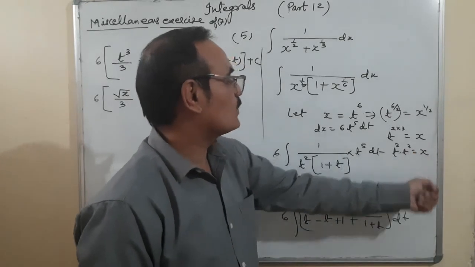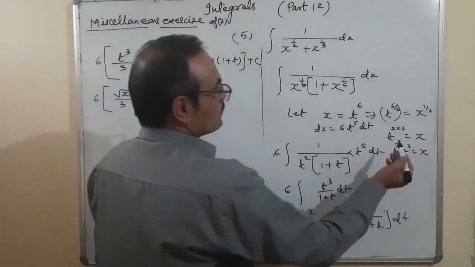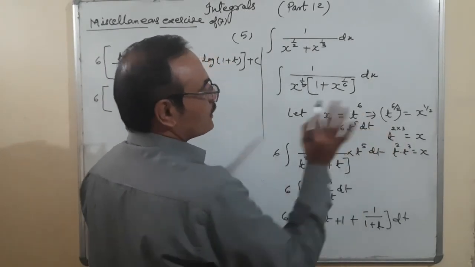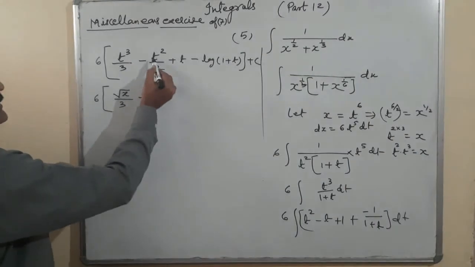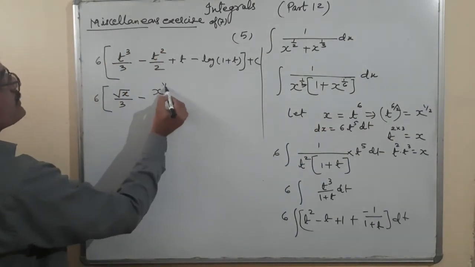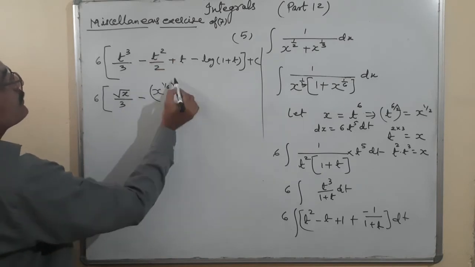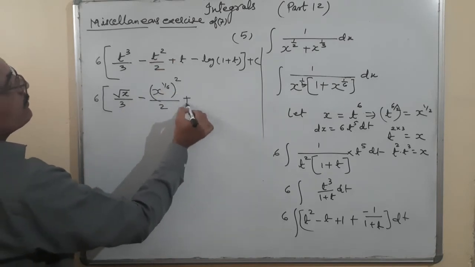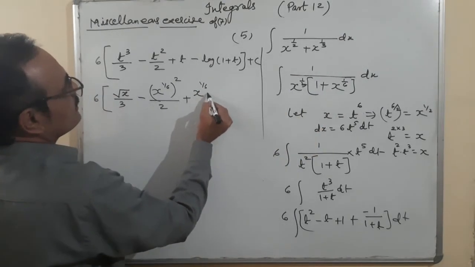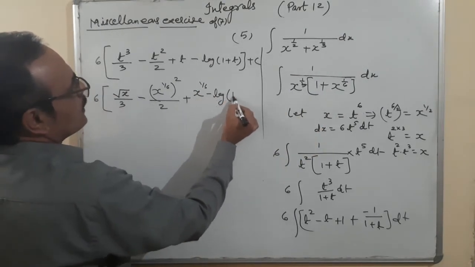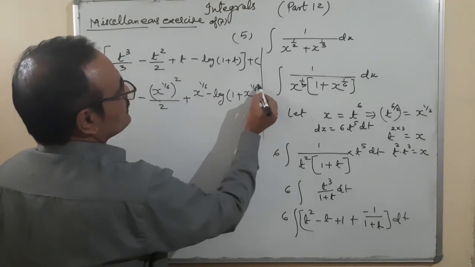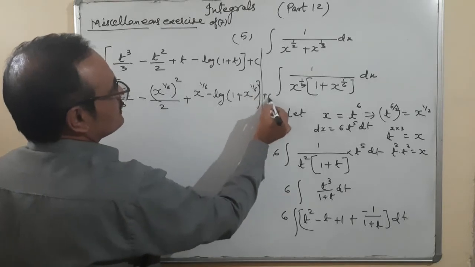So 1 minus 1 upon 2, it is 1 by 2. Or simply I can write here in place of t, x to the power 1 by 6. So in place of t, I can write here x to the power 1 by 6, and to the power 2 upon 2 plus t, x to the power 1 by 6 minus log 1 plus t is x to the power 1 by 6 and plus c.